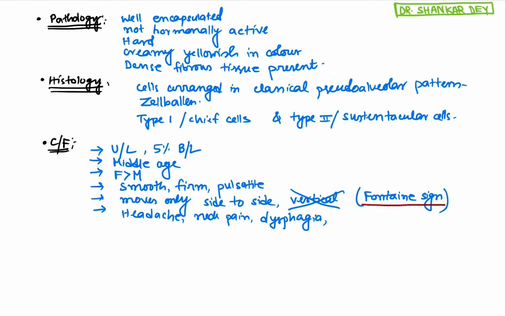In 10% of cases, it may present with cranial nerve palsy like hypoglossal, glossopharyngeal, recurrent laryngeal, or spinal accessory nerve palsy. Sometimes it may also present with sympathetic chain palsy, causing Horner syndrome.